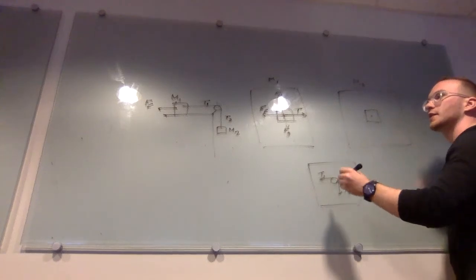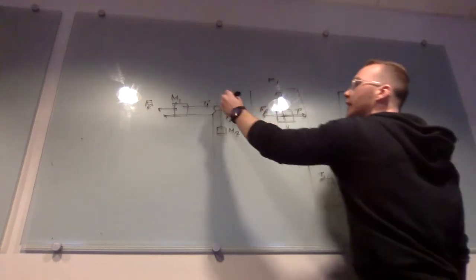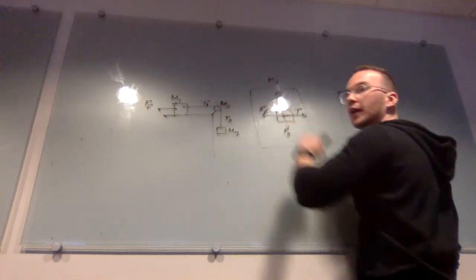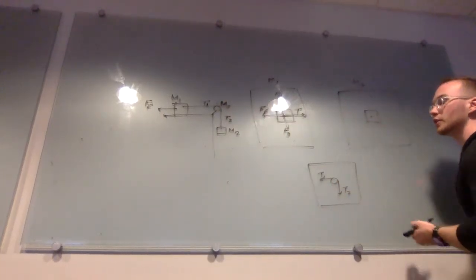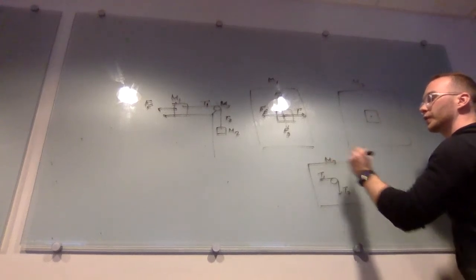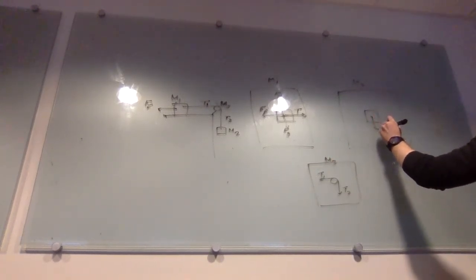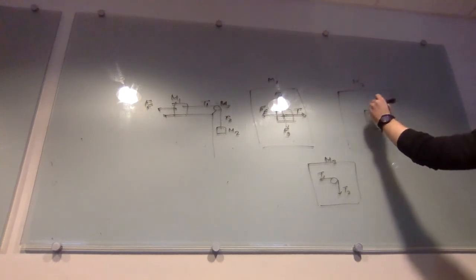It has to have a mass, let's say M3. I know it's kind of annoying. I usually would use lowercase for these and uppercase for that, but I don't want to change variables now. This is for M3. M2 has gravity, which is M2g, of course, and then upward we have T2.